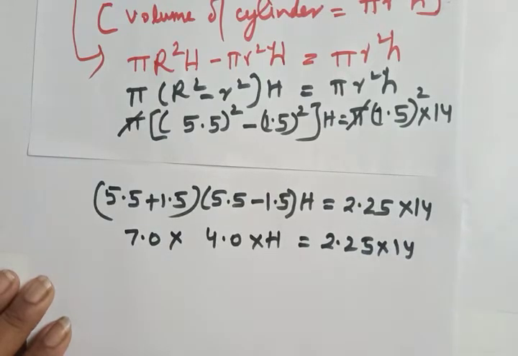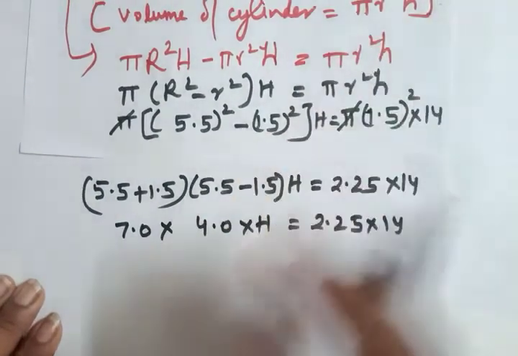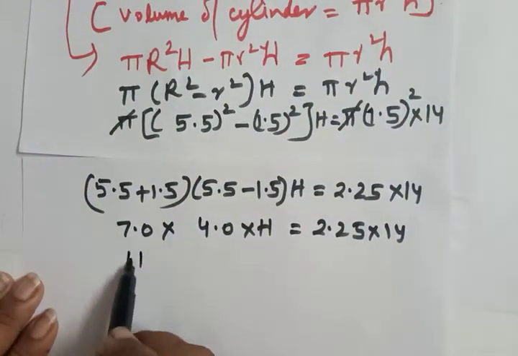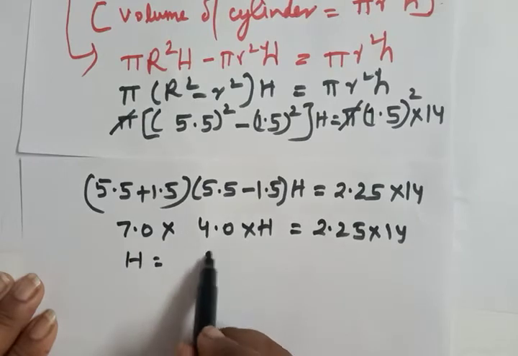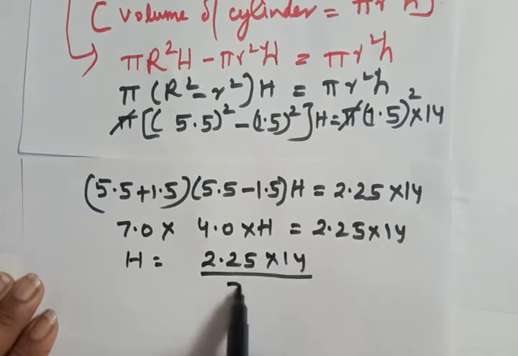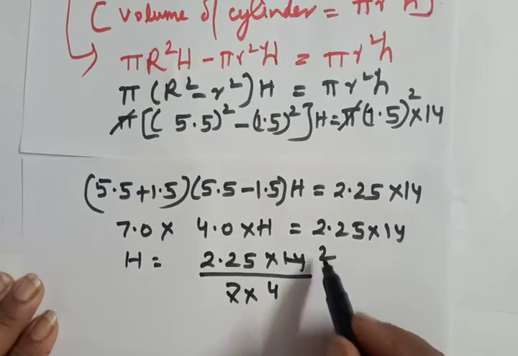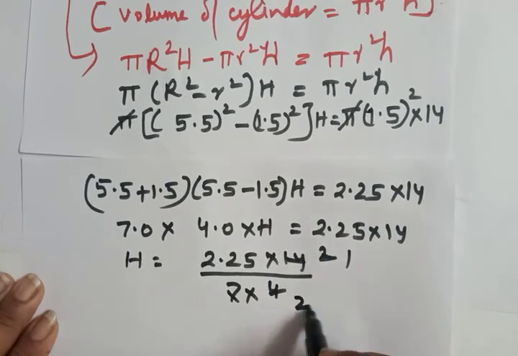Now we need to find out the value of H that is required. So H is equal to 2.25 into 40 upon 7 into 4. So 4 7s are 28, 4 1s are 4, 4 2s are 8.